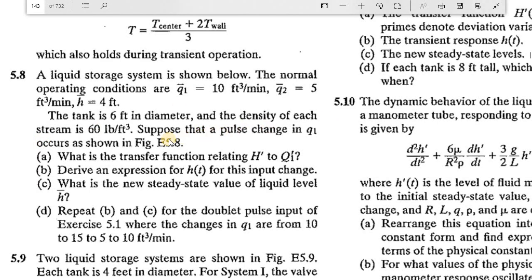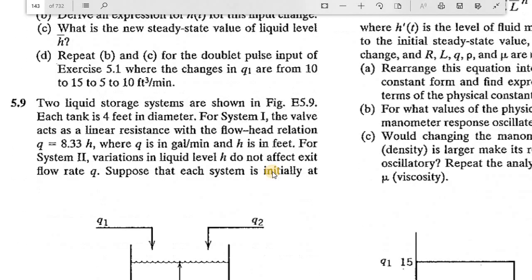Suppose that a pulse change in Q1 occurs as shown in figure E5.8. So we are going to look at the pulse, and then what is the transfer function relating H prime to Q1? So let's just look at the system.